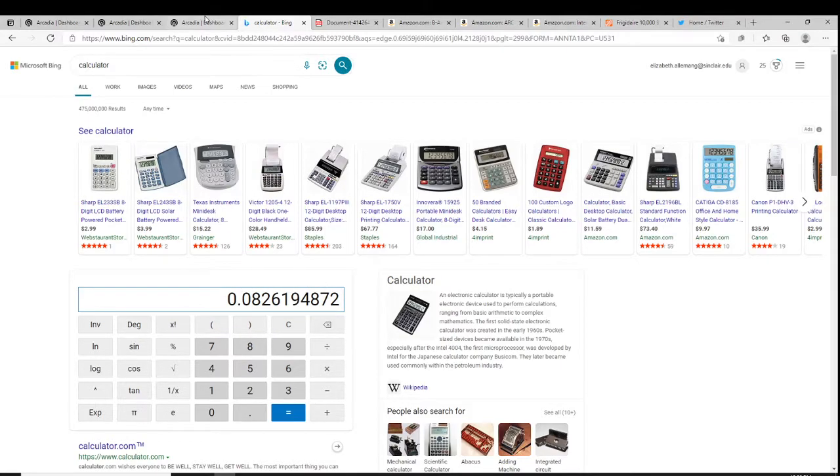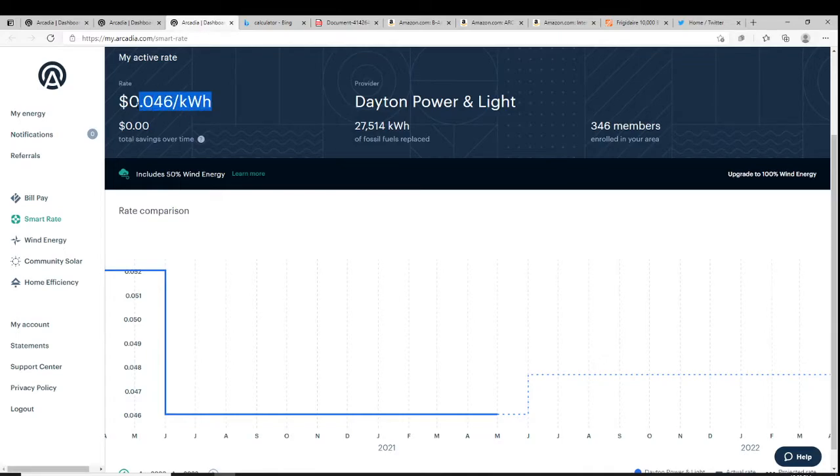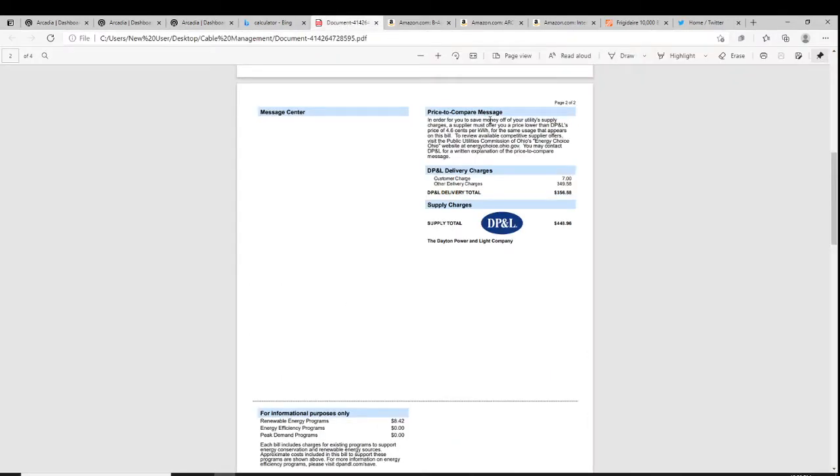Now, really quick, don't confuse your supply rate with your all-in electric rate. Supply is how much you're paying for the electricity that you actually use, but if you scope out my actual statement here, you'll see that I'm being billed for delivery and supply. The difference is that supply is the energy that I'm actually using, and the delivery total is effectively the cost of the infrastructure to get my electricity to my doorstep.